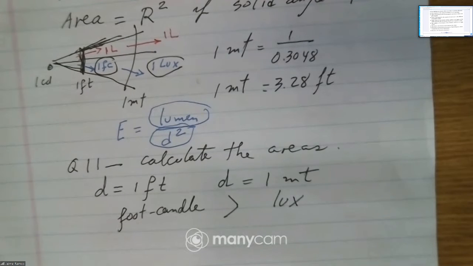Okay? Light is the portion of the electromagnetic spectrum to which your eyes respond. Okay, let's read through this and then I'll make a comment. The response of your eyes.